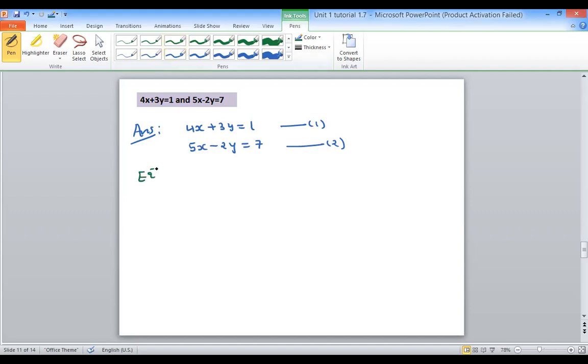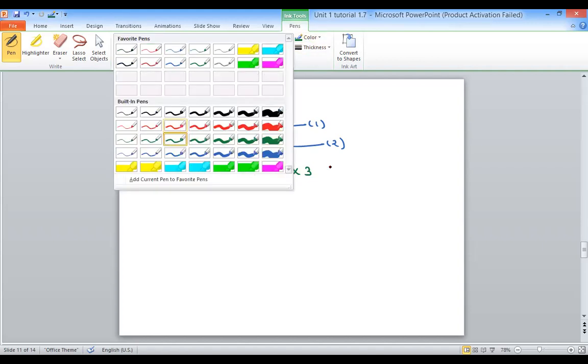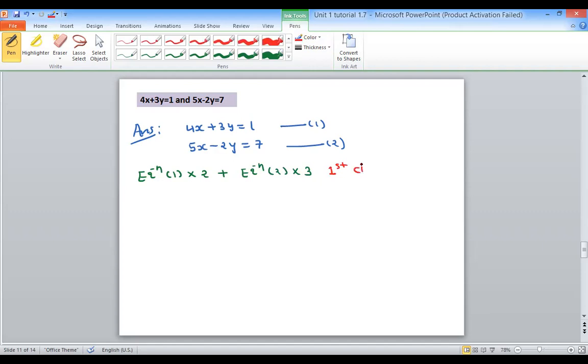Okay. Divya, right? Equation 1, it's multiplied by 2 plus equation 2, it's multiplied by 3. This is your first choice. Otherwise, you can use here equation 1 by 5 minus equation 2 by 4.